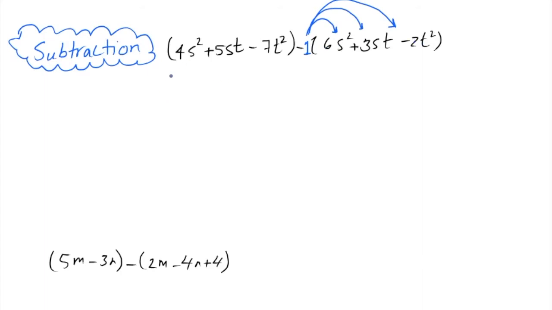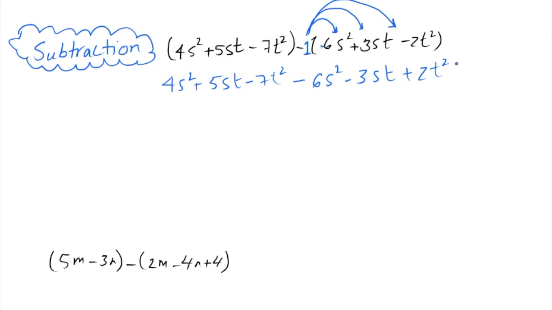So the first one is rewritten the way it is, 4s squared plus 5st minus 7t squared. And now the negative changes all these signs. So this was a positive before, now it changes to negative. So minus 6s squared minus 3st and plus 2t squared.